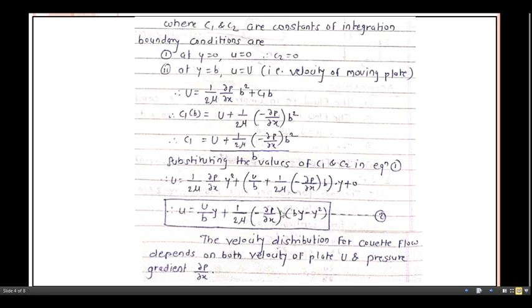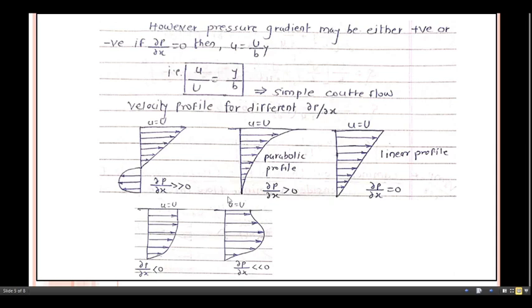So you get that simple relation, u by capital U equals y divided by b, a simple Couette flow.